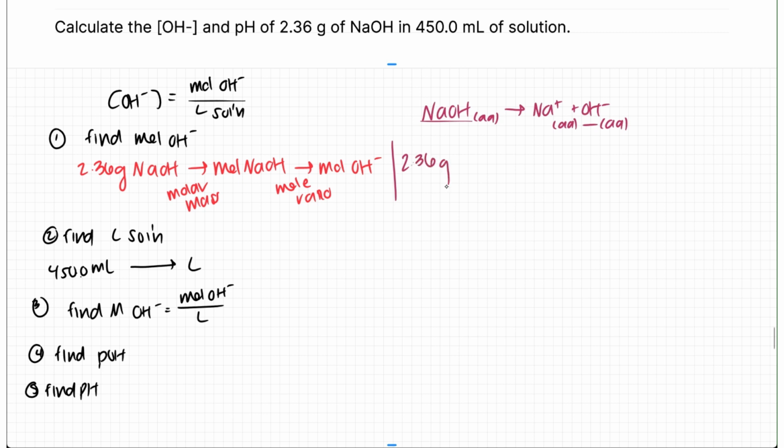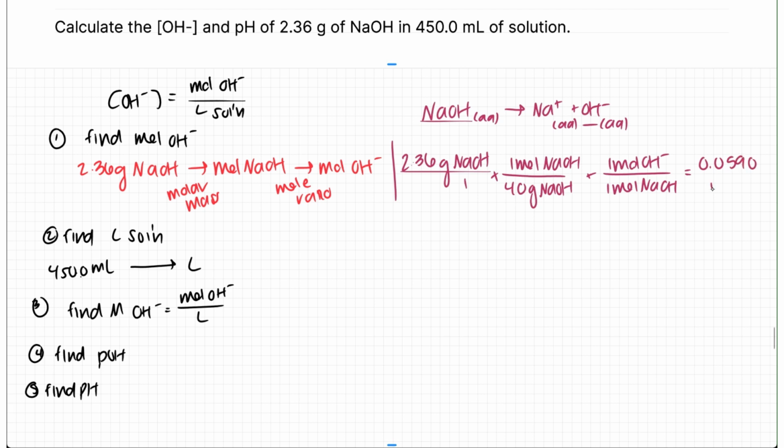Starting with the 2.36 grams of NaOH, we will use the molar mass to convert to moles of NaOH. And then from the equation, we'll use the 1-to-1 mole ratio to convert to moles of OH-. After calculating, this gives us a value of 0.0590 moles of OH-.